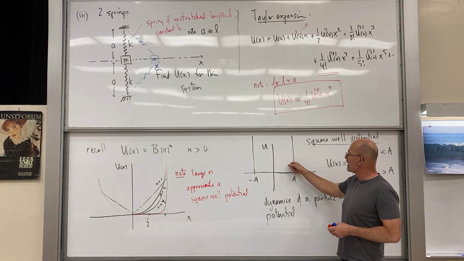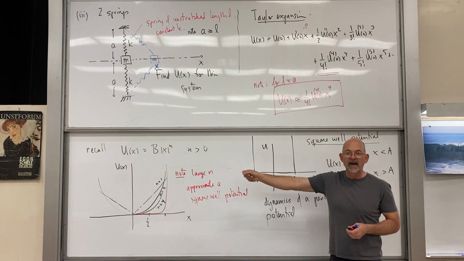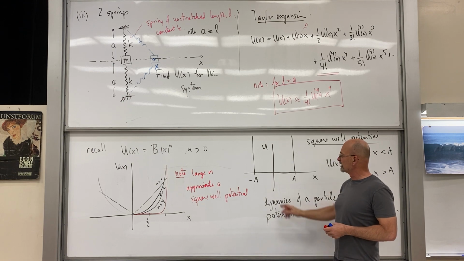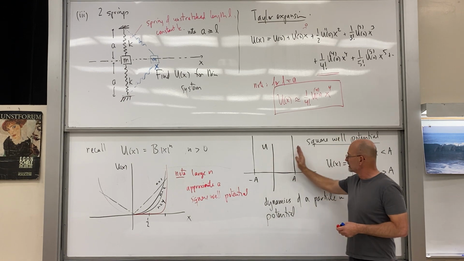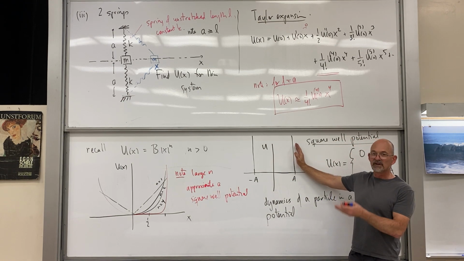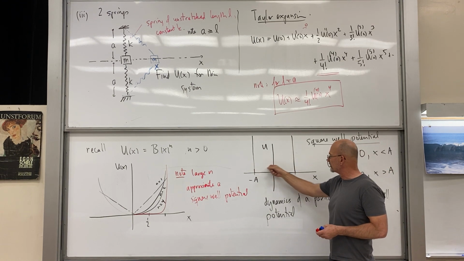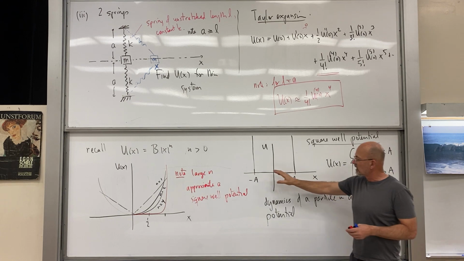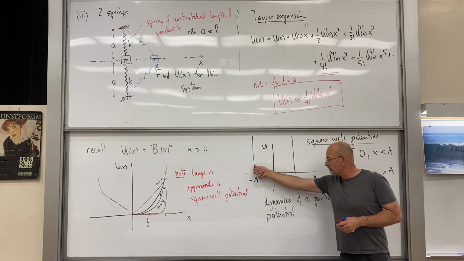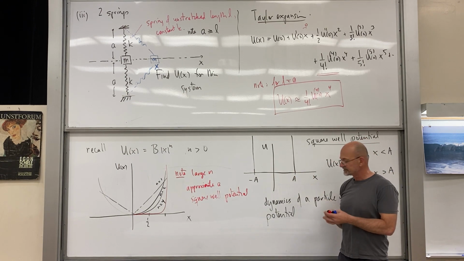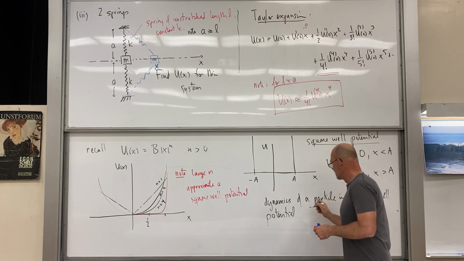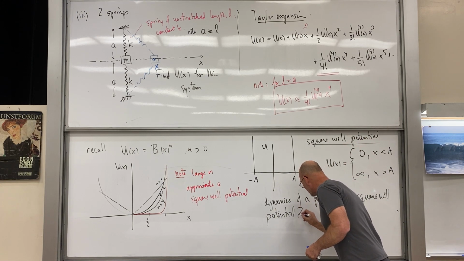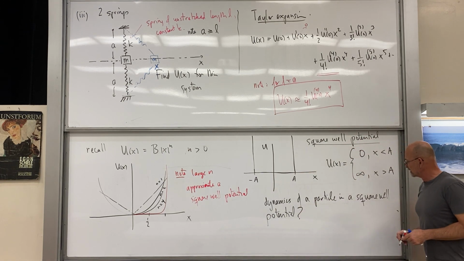When it hits the wall, it reverses direction and drifts back. You can think of it like an elastic collision with a completely massive and elastic wall, and otherwise it's just going back and forth. So that's the dynamics. They're trivial. They're constant velocity with reversing of direction.